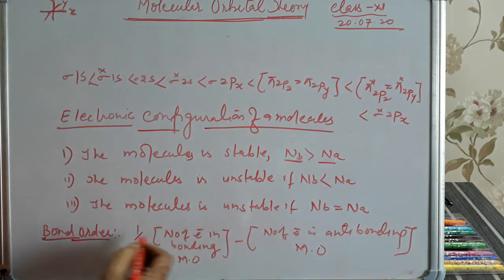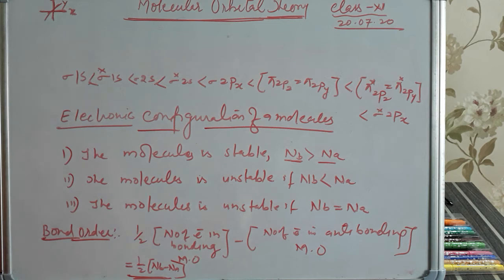So in this way you can find out the bond order of a given molecule: half of NB minus NA. Bond order 2 means it has a double bond. Bond order 3 means it has a triple bond. Bond order 1 means it has a single bond. In this way you can find out the bond order of different molecules.